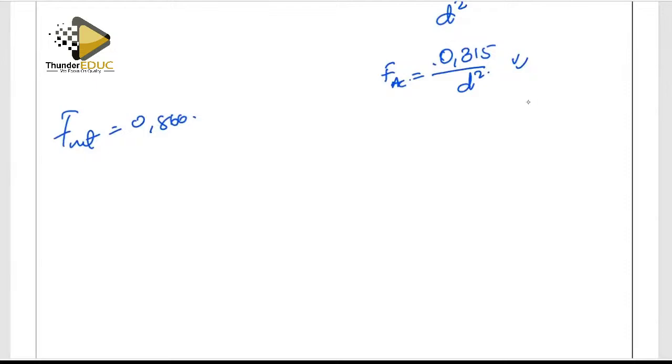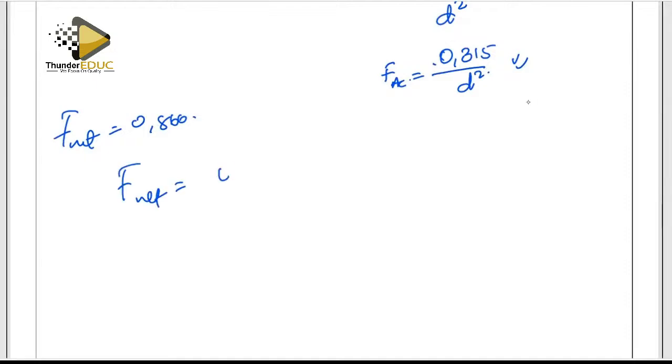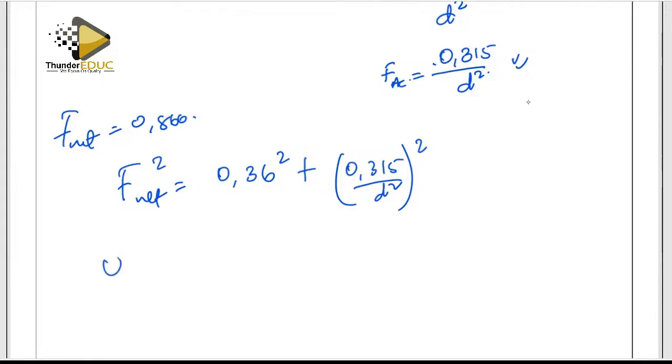So we're saying that our F net should be the square root of 0.36 squared plus the 0.315 over d squared. This should be squared. Okay, this is F net squared, meaning that if we have the 0.866, we square this.